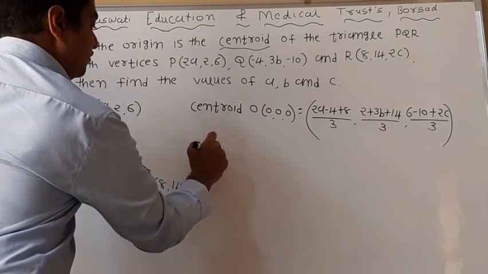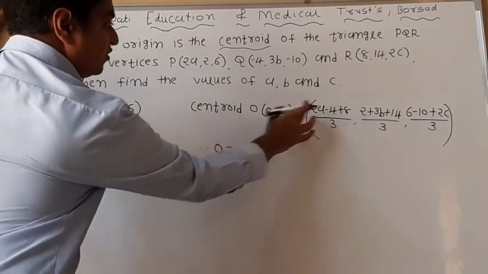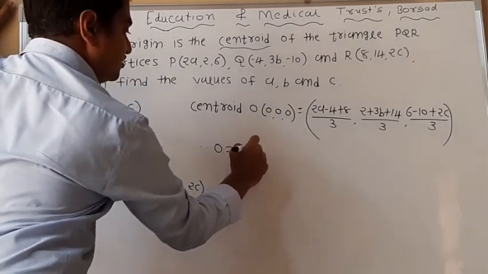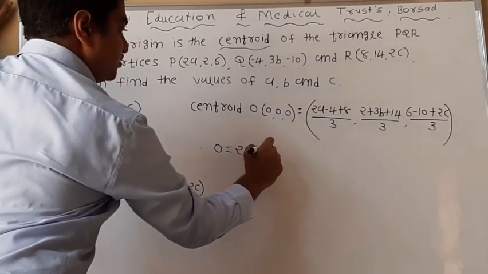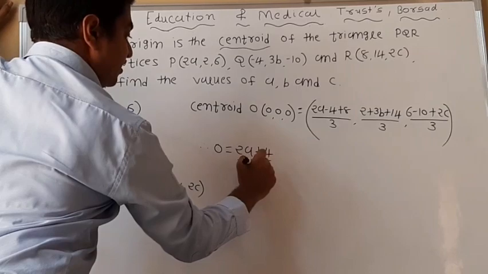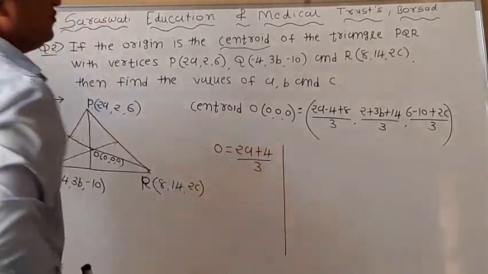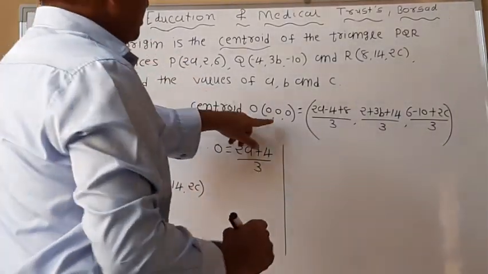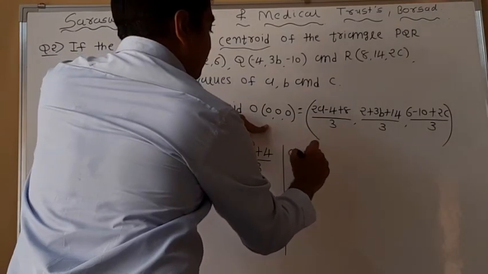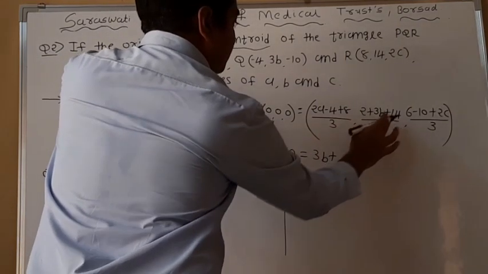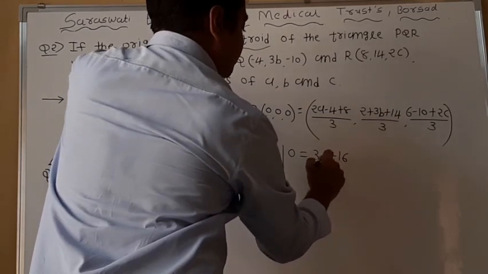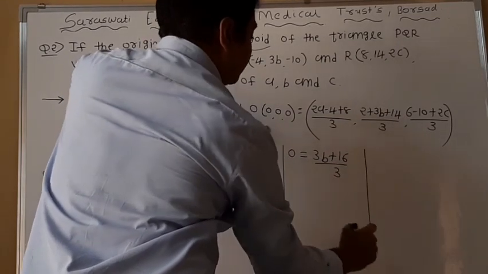So therefore, comparing with the first term, 0 is equal to (2a + 8 - 4)/3, that means (2a + 4)/3. Second one, 0 is equal to (3b + 14 + 2)/3, that is (3b + 16)/3.